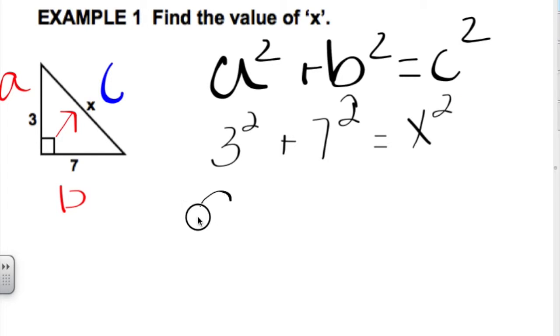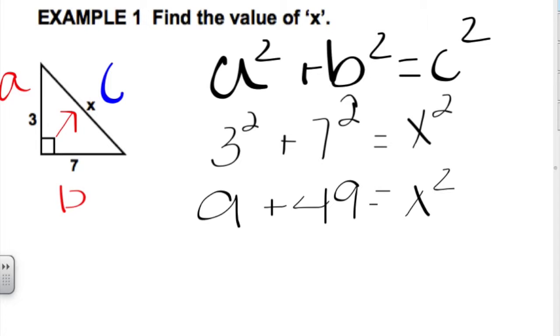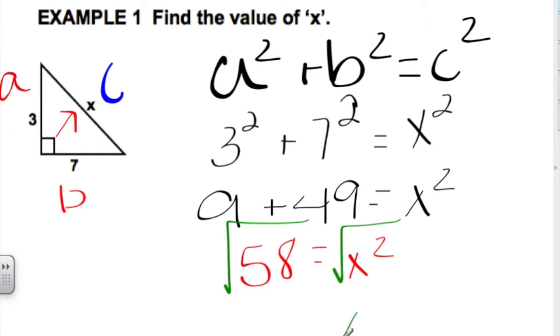So 3 squared is 9, 7 squared is 49, and x squared is still just x squared. Simplify 9 plus 49, which is 58, equals x squared. Now to undo a square, you have to square root. So square root both sides, and you get x equals the square root of 58. Remember, we're not going to use decimals, we're going to use exact answers. So the square root of 58 is my answer.